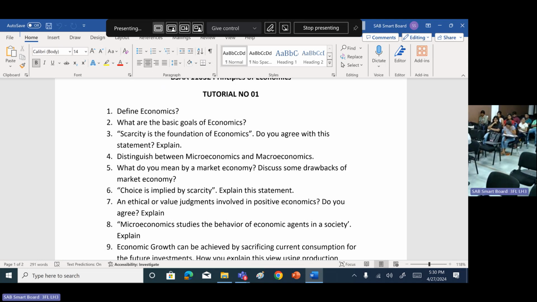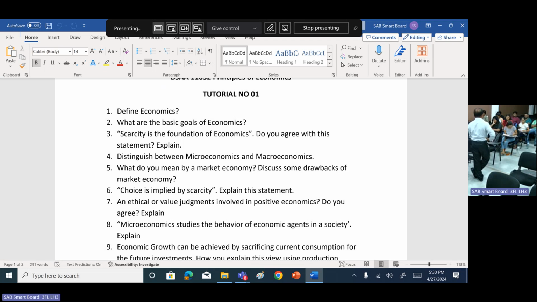Two sides, demand and supply, producers and consumers. The objective of the consumer is always to try to maximize utility, and the producer to minimize cost. So that explains microeconomic behavior.